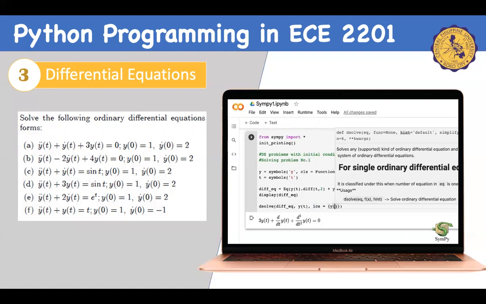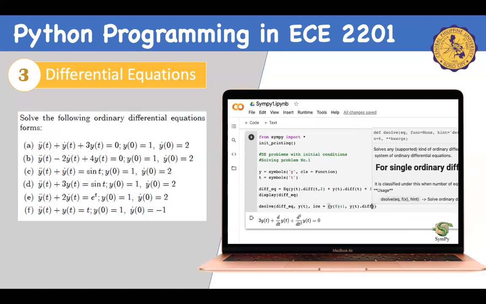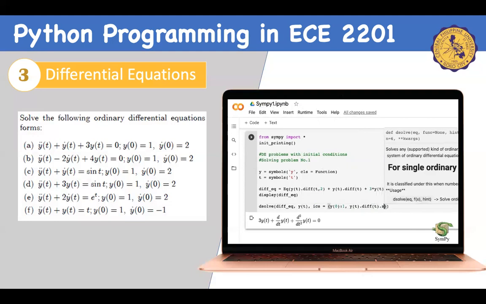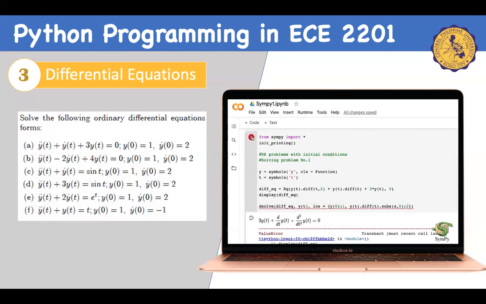Then we are going to assume y(0) colon 1, since y(0) is equal to 1, and then y prime 0, you can write y prime 0 as y(t).diff of t. Then we are going to substitute t, not x, by 0 equals to 2.